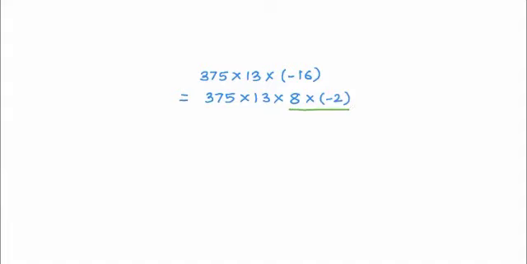Using the commutative property, we will physically move the number. So 375 into 13 will make it 13 into 375. That is, we bring the 375 and 8 close to each other. We'll also factorize 375 as 3 into 125.